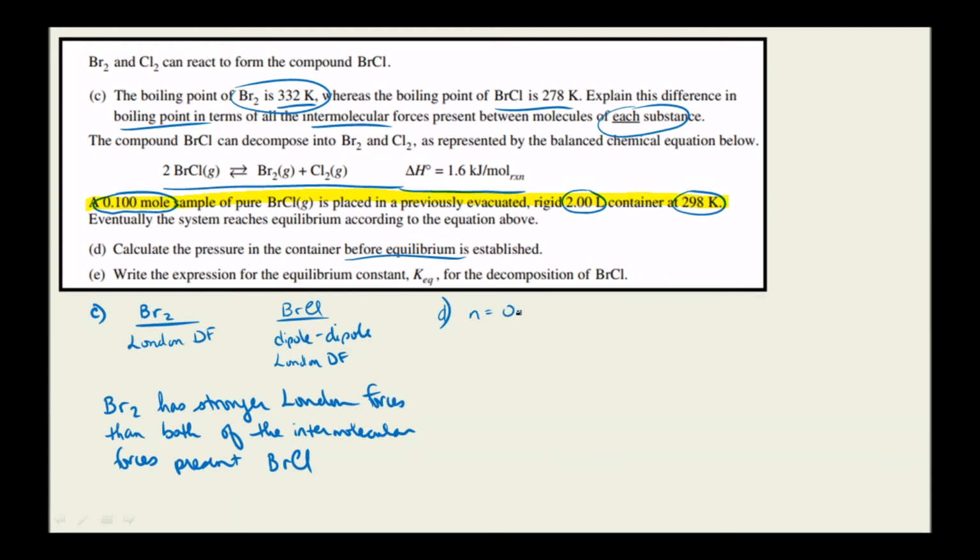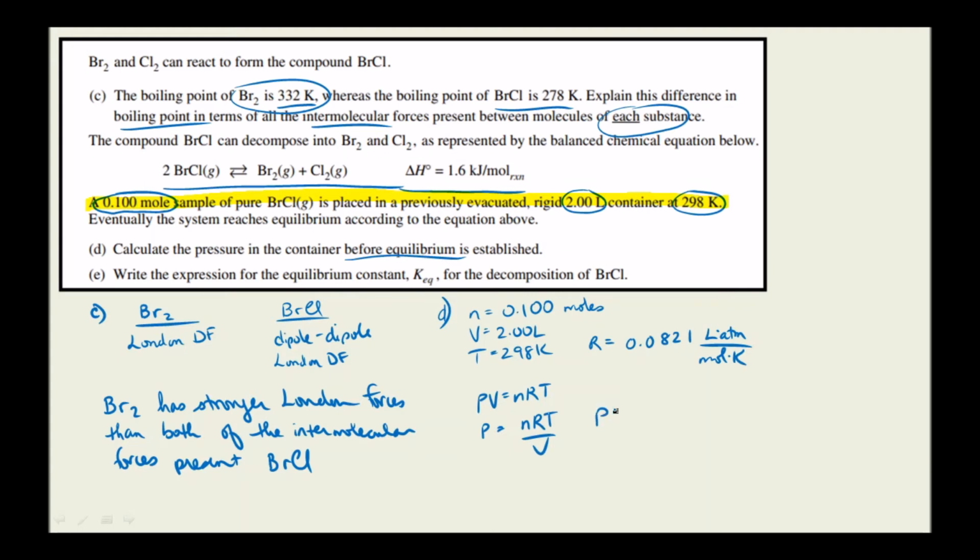So we have N, our number of moles is 0.100 moles, our volume is 2.0 liters, and our temperature is 298 K. We have our ideal gas equation, PV equals nRT, looking for P, so we'll divide the right side by V, and based on the units that we're working with, we know that we're going to be using the 0.0821 liter atmosphere per mole Kelvin gas constant.